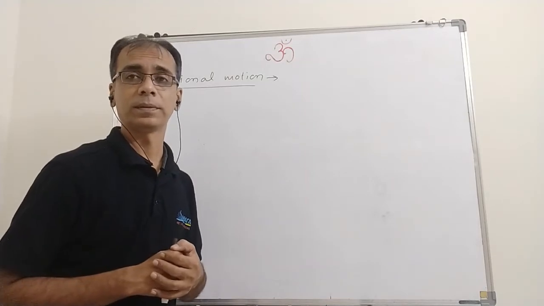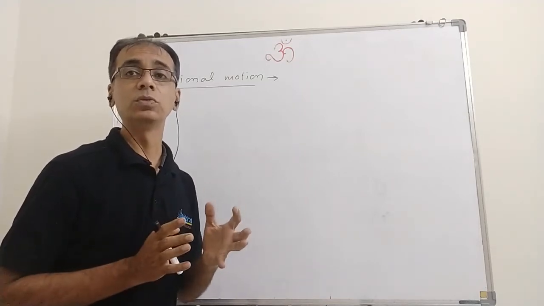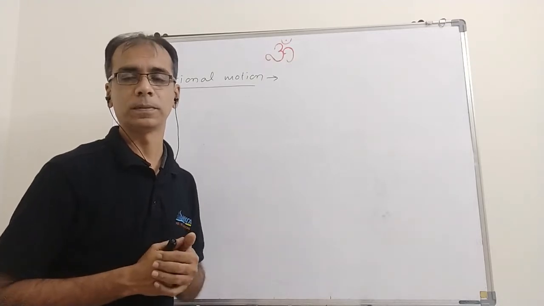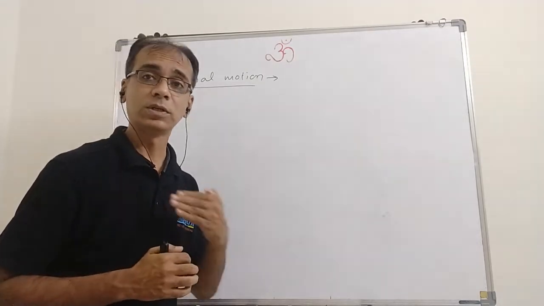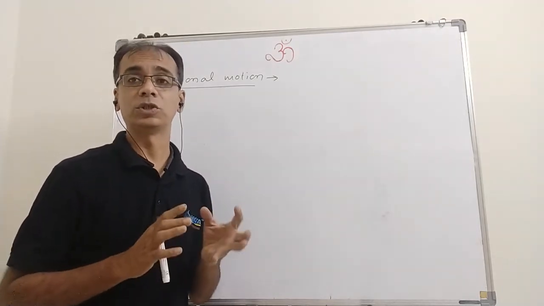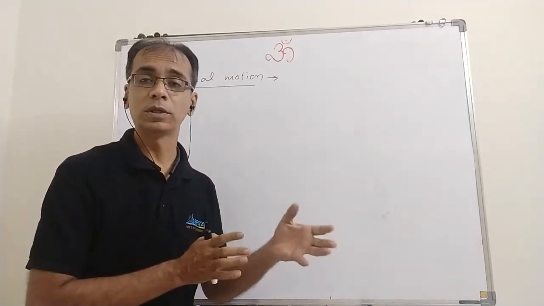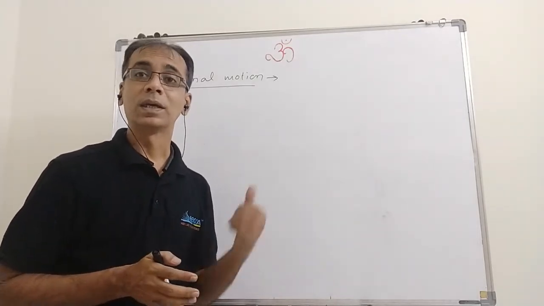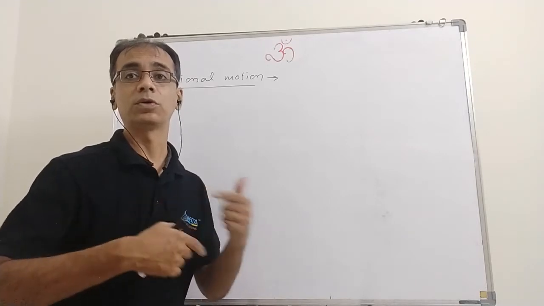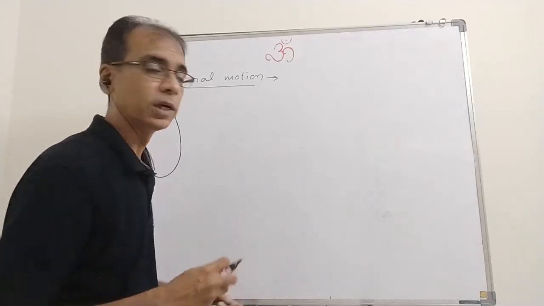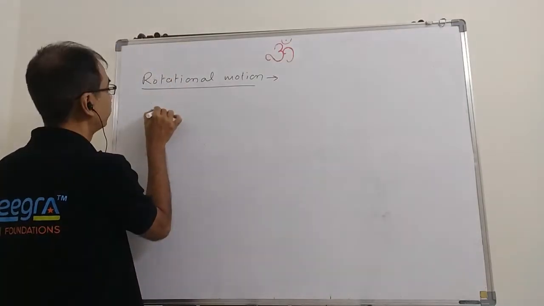Inertia was opposition to change in the state of motion, opposition to start the motion or to stop the motion. Here also, because we are going to talk about rotation, we are going to study inertia, and this inertia is called moment of inertia.